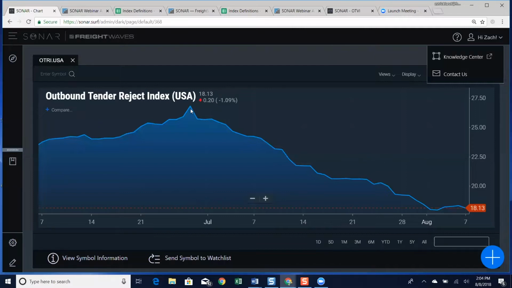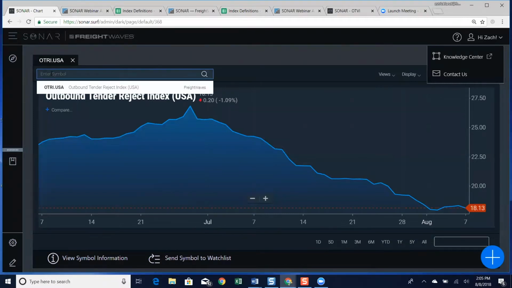One is that they don't have any available capacity to offer the shipper. And two is that they have another available option out there that might make them more willing to go that route versus the contract rate that they currently have, such as a higher spot market rate. Tender rejections correlate highly with spot market activity. So the higher the number goes, the more spot market activity there tends to be.